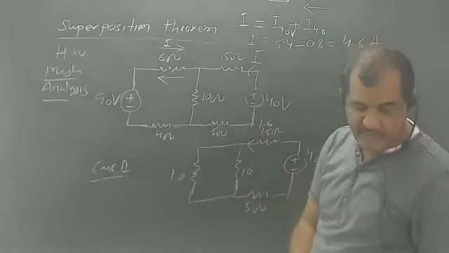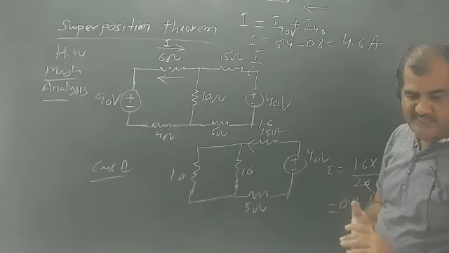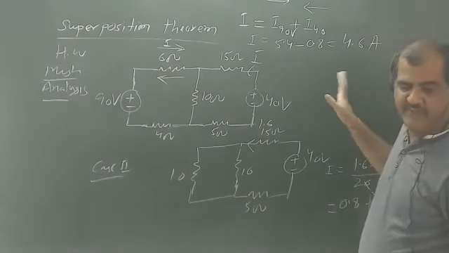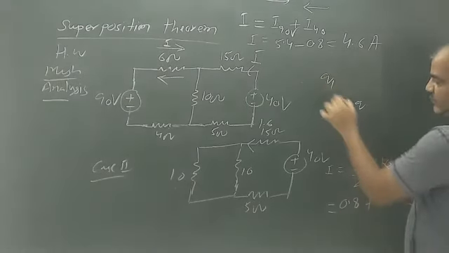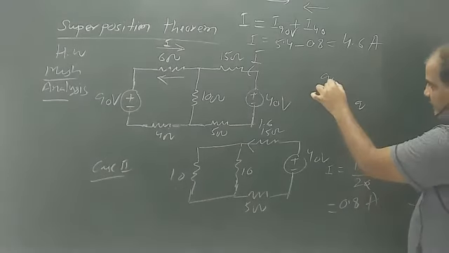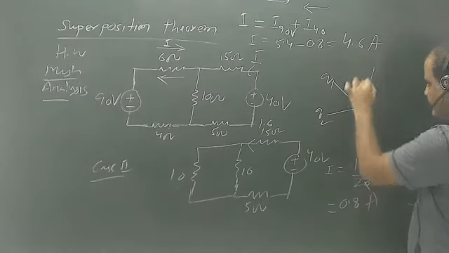So I told you in the beginning what we do in the superposition principle. It's like the example of charges I told you. If there are multiple charges and I want the total force, I will calculate the force due to Q1, then the force due to Q2, then due to Q3.